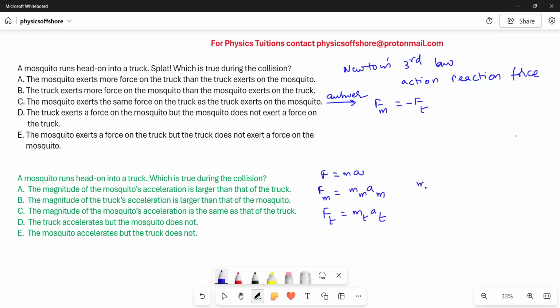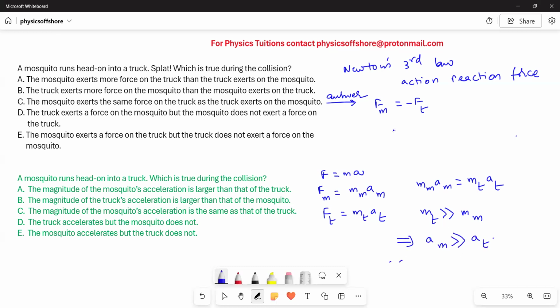Therefore, the mass of the mosquito times the acceleration of the mosquito must equal the mass of the truck times the acceleration of the truck. We know the mass of the truck is much greater than the mass of the mosquito. Obviously, this implies the acceleration of the mosquito is much greater than the acceleration of the truck.